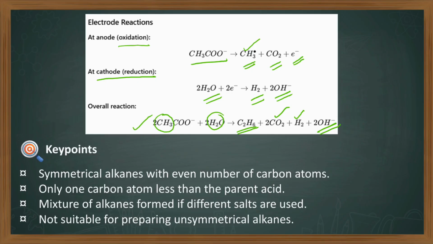So in this reaction we can prepare symmetrical alkanes with an even number of carbon atoms. We cannot get an odd number of carbon atoms in our product in this case, since it's a coupling reaction of the radicals, each having one carbon atom less than the parent acid we have taken for the reaction.